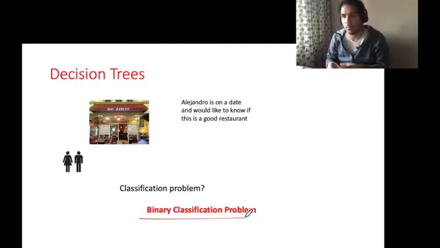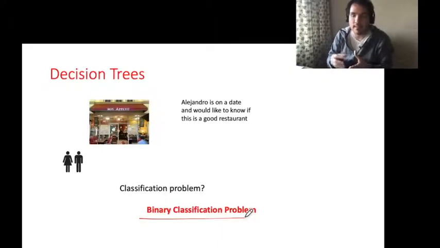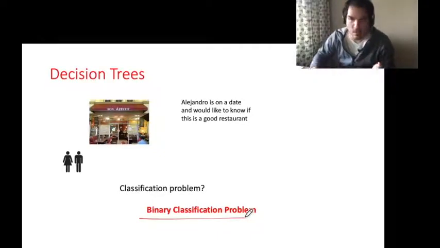That's going to be my target attribute, the category that we want to predict. The key point is whether at the end of the day we like the restaurant or we don't like the restaurant. That's a very popular way of seeing a classification problem.